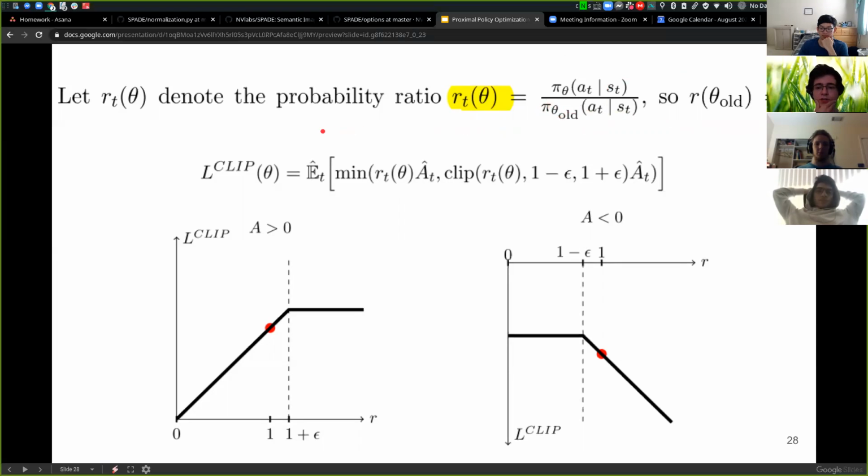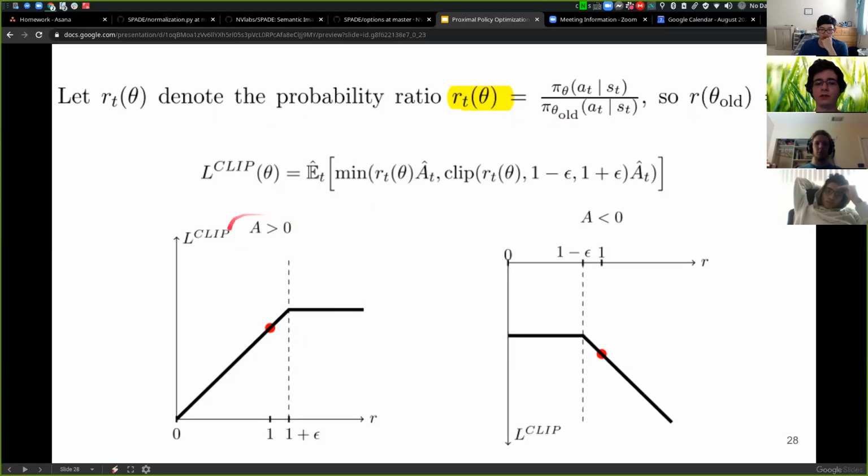For example, if the new policy tells you that making this action is more likely under the new policy, and it also has a positive advantage, this will be what we see on the left graph.